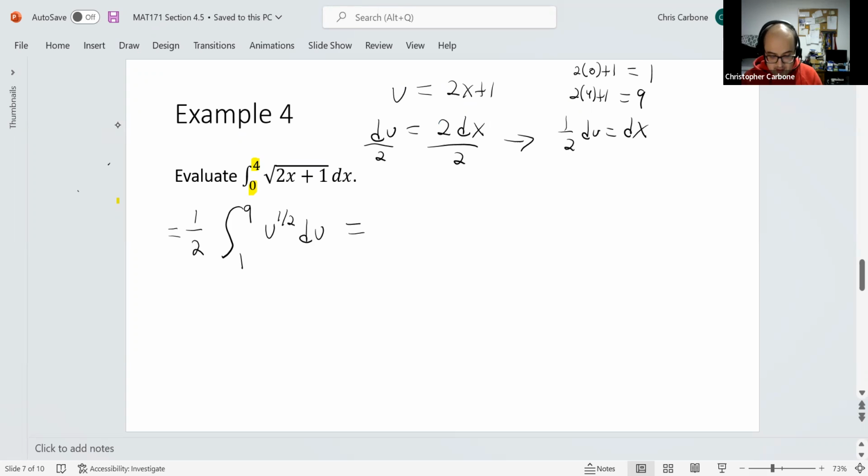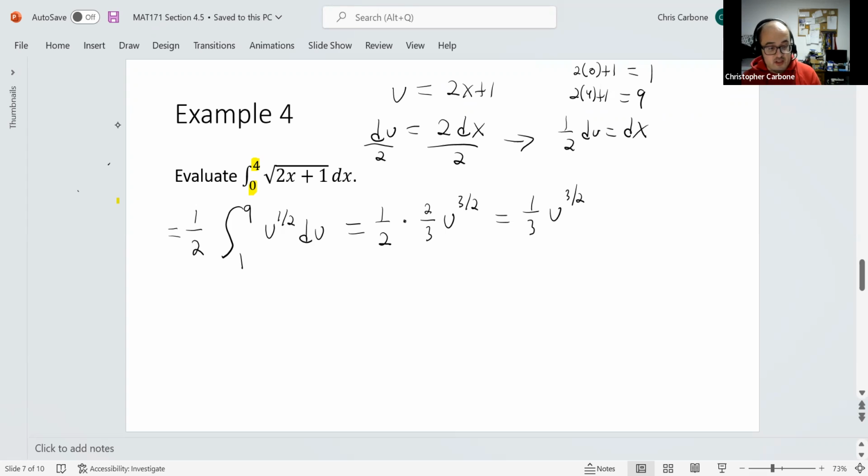And this is 1/2 times 2/3 times u to the 3/2, which will be 1/3 times u to the 3/2. Now, typically we would substitute back into x, which we could do to solve the original problem.